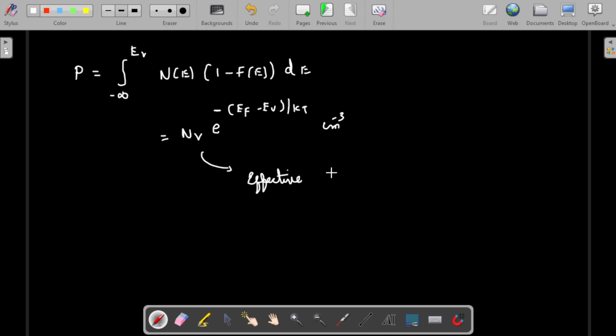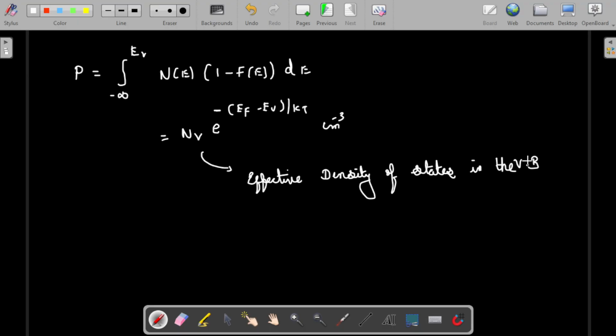Effective is the term used because it applies in a particular scenario, at a particular energy level with some temperature reference. So this is the effective density of states in the valence band.